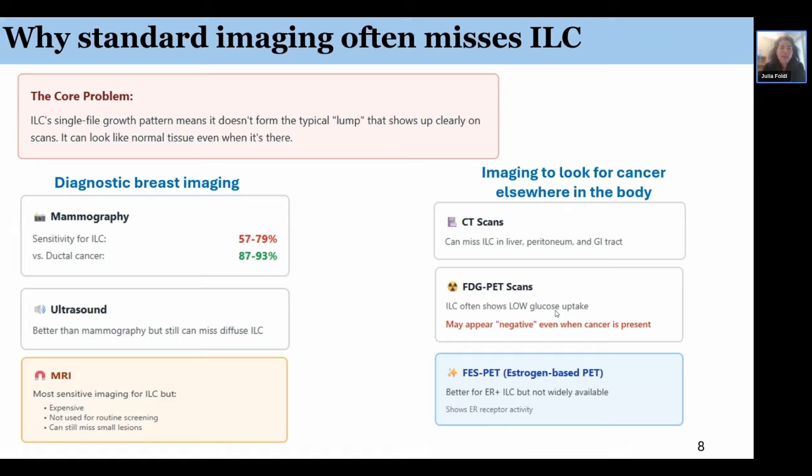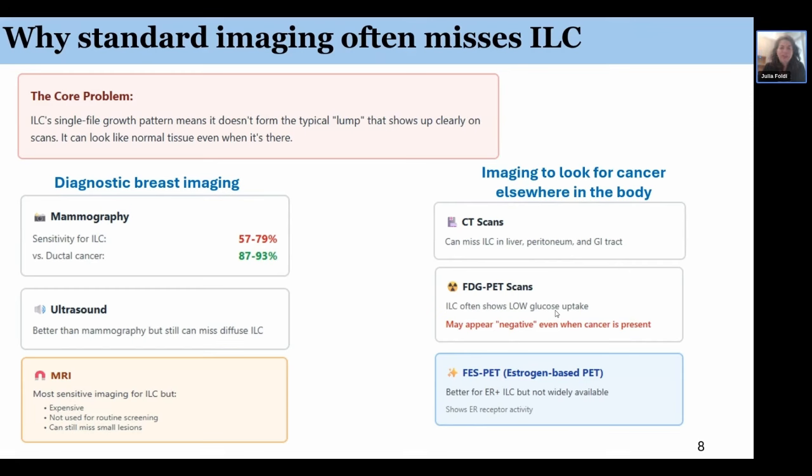This shows that the sensitivity, or the ability of the test to detect lobular breast cancer, is lower than for ductal breast cancers. That's true for mammography and for ultrasound. MRIs of the breast are more sensitive for ILC, but these are expensive. They're not used for routine screening and can still miss small lesions.